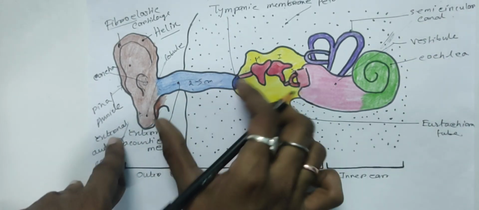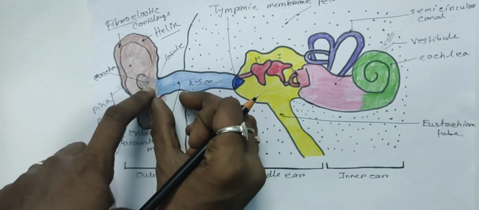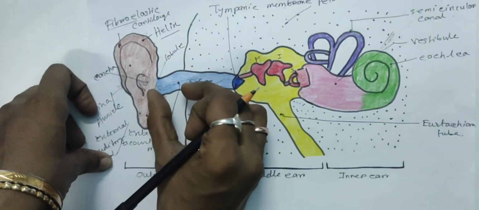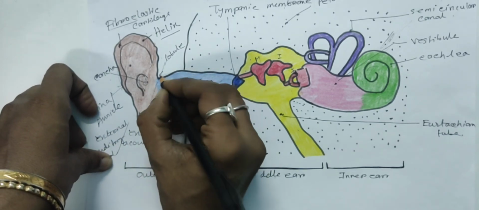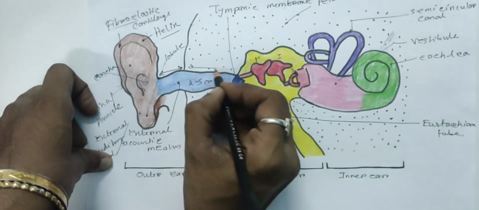Now look, in the total auditory canal, the first part is cartilaginous, and the inner part is bony.